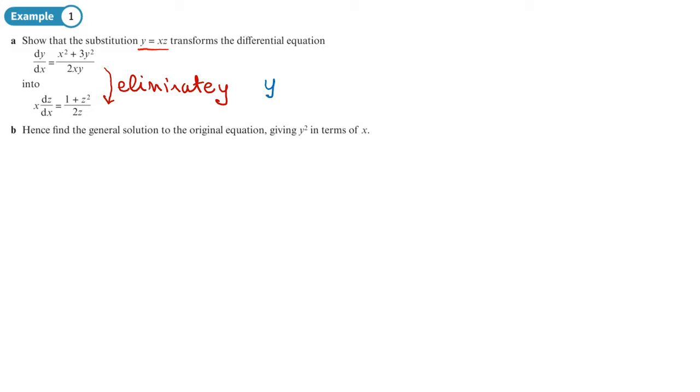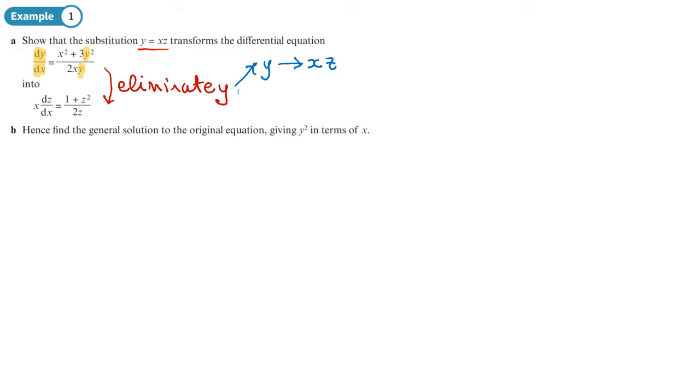So if I see y in the differential equation that's been given, I can replace it with xz. Okay, so that will deal with this and this, but this is also like a y term, so I need to substitute so that dy/dx goes as well.